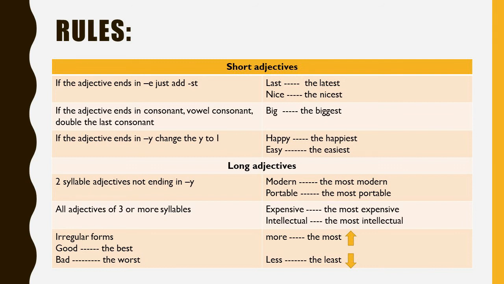No, guys, this is incorrect. The correct form is the most modern or the most portable, right? Also, for all adjectives of three or more syllables, we use the most or the least. For example, expensive, the most expensive.